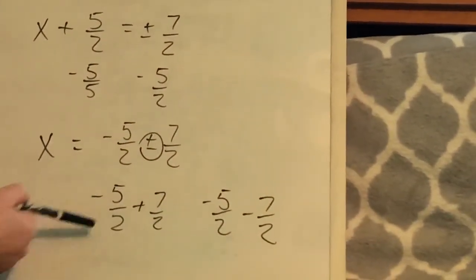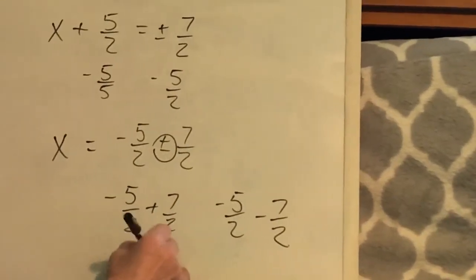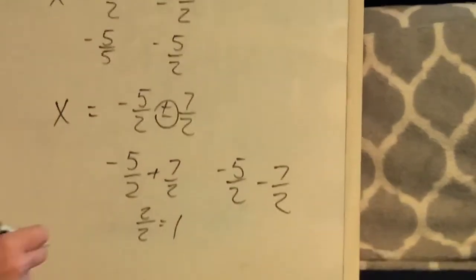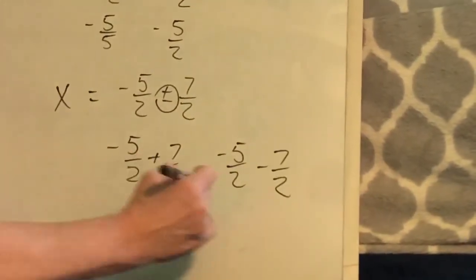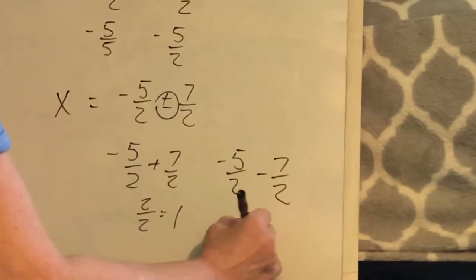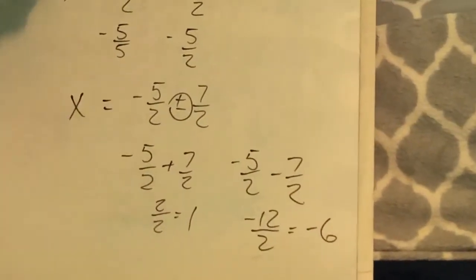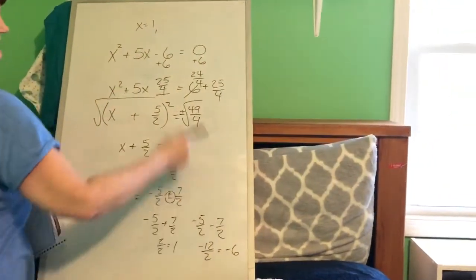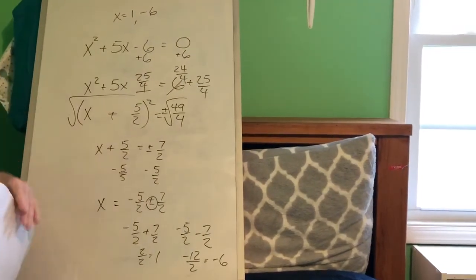Now here our signs are different, so we want to subtract, give the sign of the larger. We're going to have 2 halves or 1. Here the signs are the same, so we're going to add and keep the sign. So negative 12 halves gives us negative 6. So my two solutions here will be x equals 1 or x equals negative 6, and each one of those values can be checked.